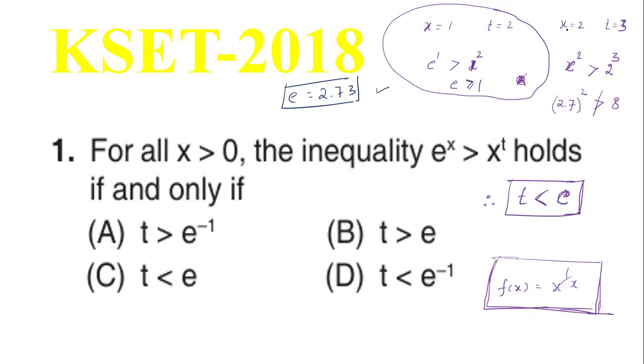The next value by trial and error is x equal to 2, t equal to 3. In that case, e raised to 2 greater than 2 raised to 3. That means 2.7 squared, which is 7 something, is not greater than 8.